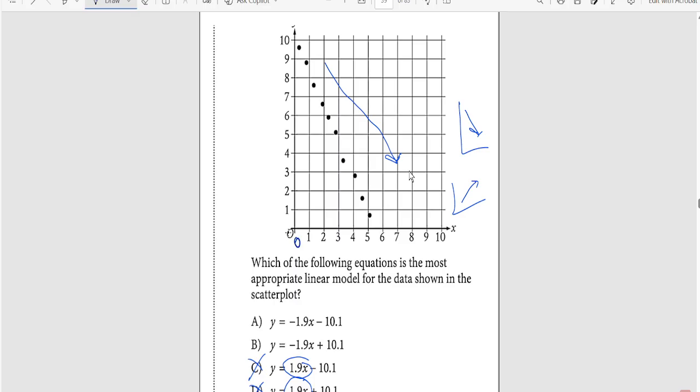To choose between options A and B, consider the y-intercept, because both of them have the same slope. If you check the y-intercept, one is negative and the other is positive, right?